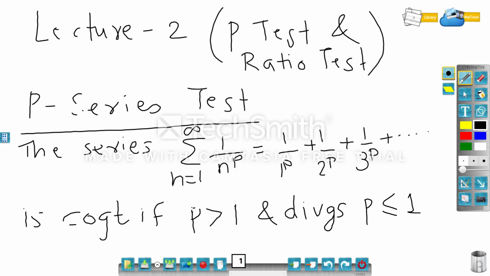Of course, the proof of this theorem we will not prove for the time being, but we will assume this result without proof. We will prove this result in upcoming lectures.